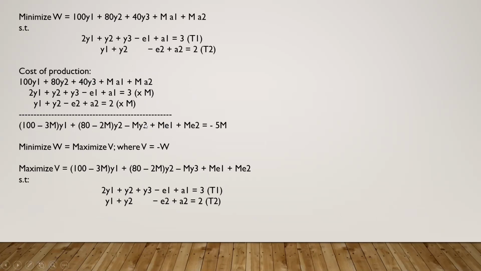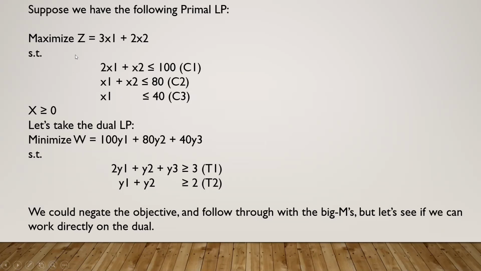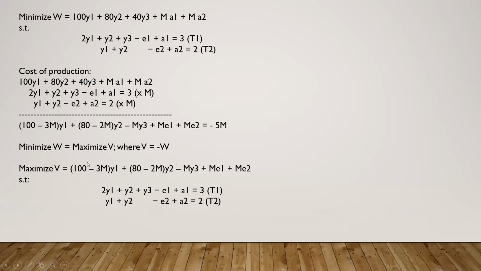For example, we have this problem. This is the original problem: maximize z equals 3x1 plus 2x2, subject to 2x1 plus x2 less or equal 100, x1 plus 2x2 less or equal to 80, then x1 less or equal to 40. We have the dual problem. We change it into the standard form using the big M method because it's a minimization.